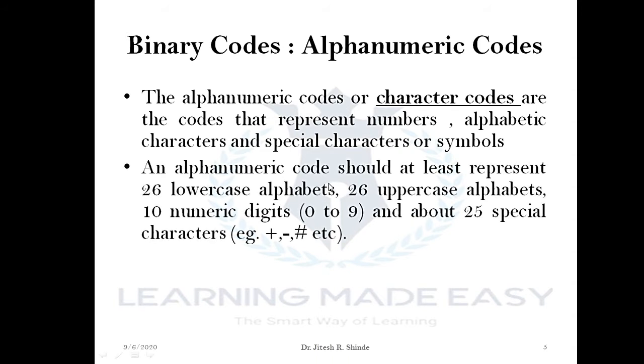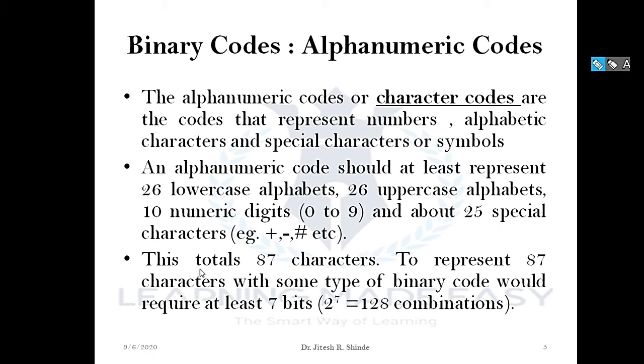An alphanumeric code should represent at least 26 lowercase alphabets, 26 uppercase alphabets, 10 numeric digits, 0 to 9, and about 25 special characters, for example plus, minus, hash, and so on. Thus, how many characters can an alphanumeric code represent? It can represent a total of 87 characters.